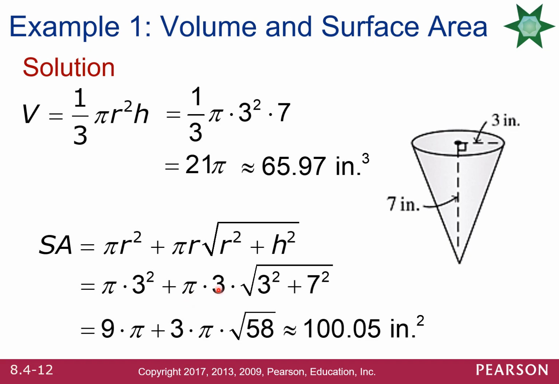And then pi times 3 times the square root of 3 squared plus 7 squared, so 3 pi times the square root of 58, right? 7 squared is 49, and 49 plus 9 is 58. And when we run it through the calculator, we should get a value of 100.05 square inches.